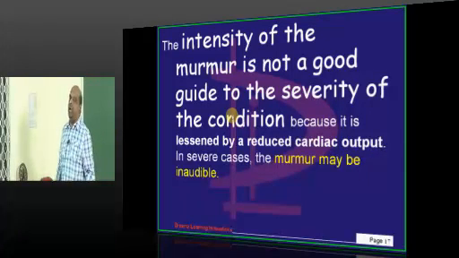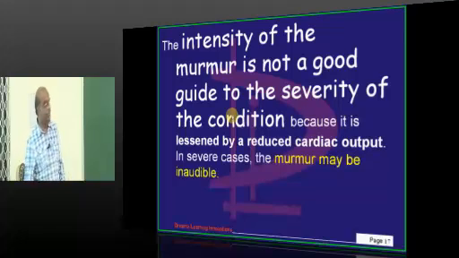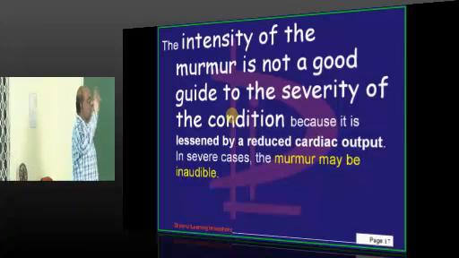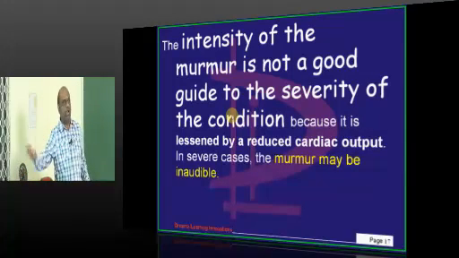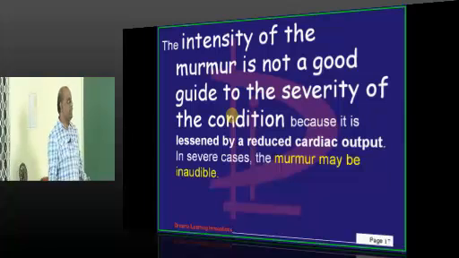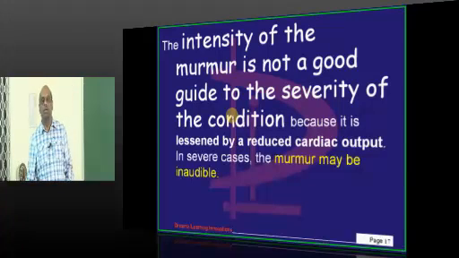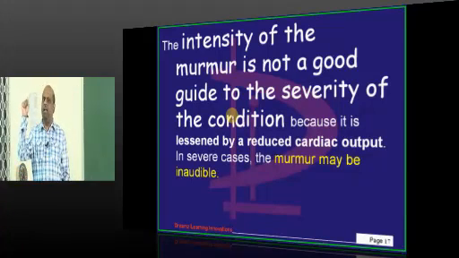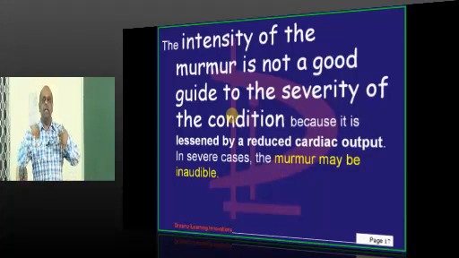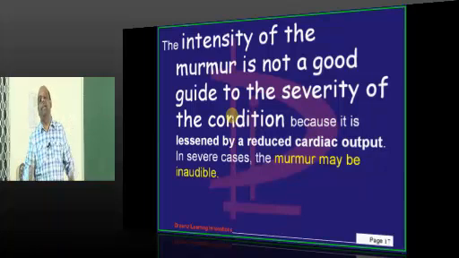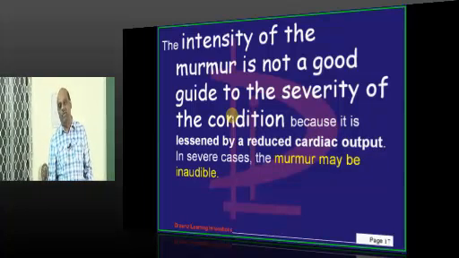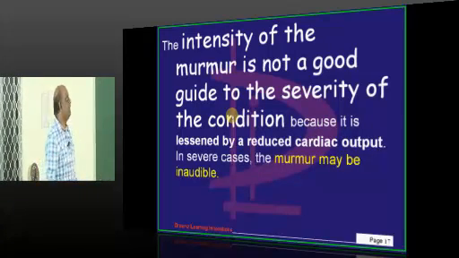So what is the golden rule which you are going to remember? The intensity of the murmur is not a good guide to the severity. For example, if it is a very severe aortic stenosis, the left ventricle is unable to pour at all into the root of the aorta. So then what will happen?